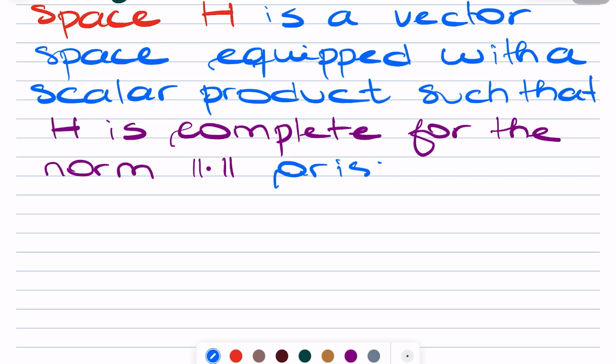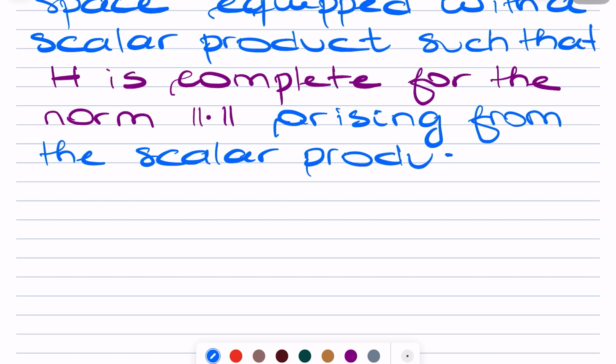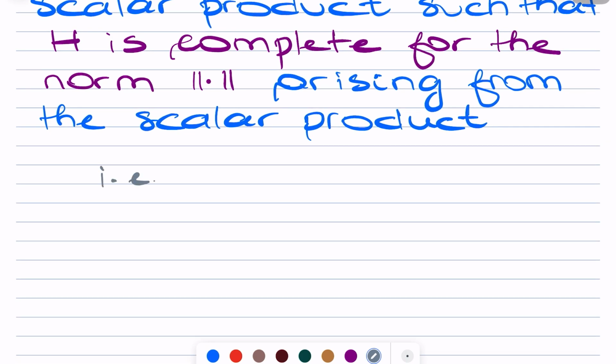The norm we defined previously, the norm defined by the square root of this scalar product. In what follows, H will always denote a Hilbert space.